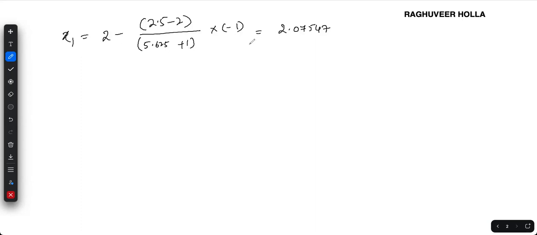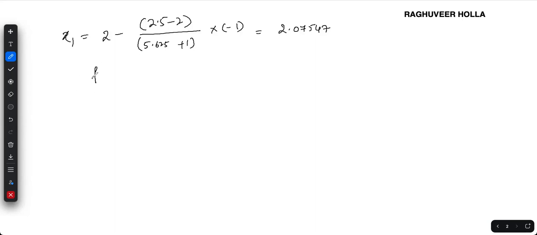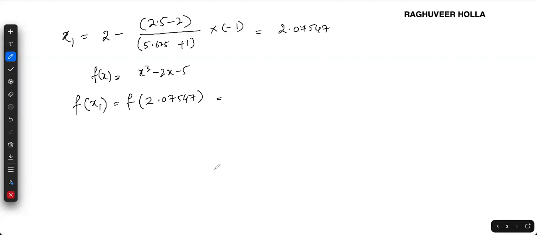Now let us check the sign of this by substituting in the given equation. f of x is x cubed minus 2x minus 5, that is f of x1, or f of 2.07547. Please calculate this and tell me the sign.